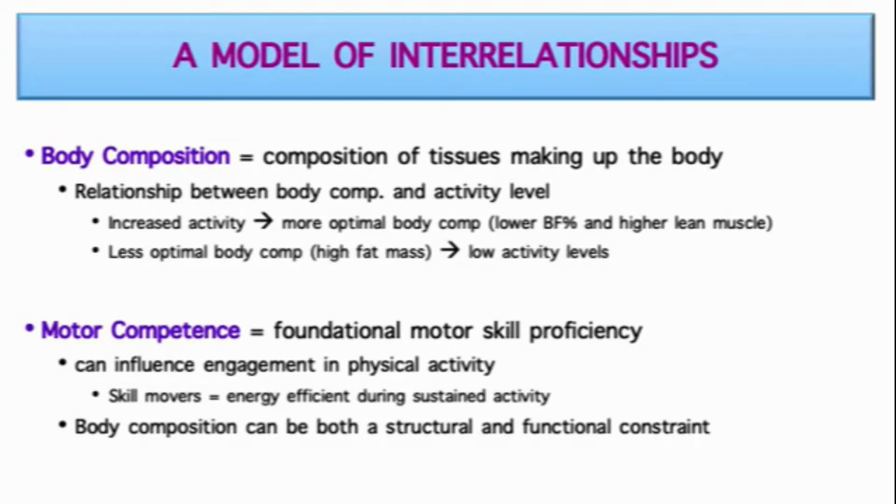And those activity levels could also be directly related to a person's motor competence. And motor competence is someone's foundational motor skill proficiency. So if you've taken 312, motor competence is more or less like motor abilities, or what a person might be prone to being good at. So me, for example, I've told you guys before, I'm not a ball sport person, so I just don't have those motor abilities.